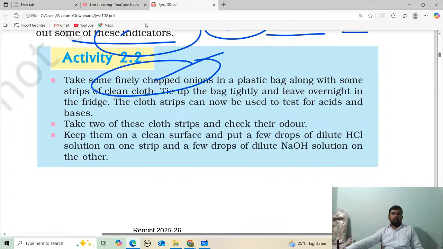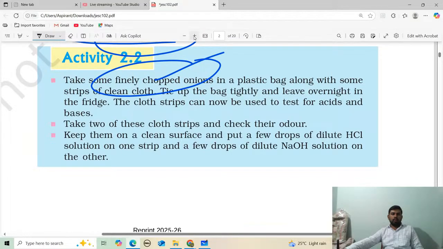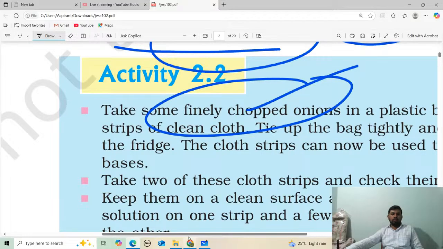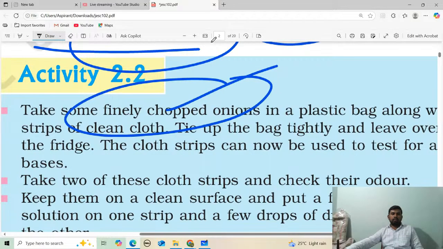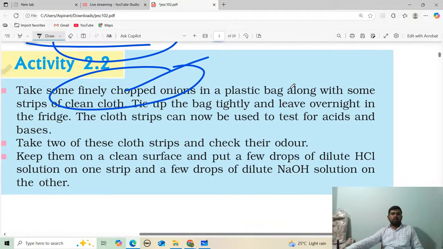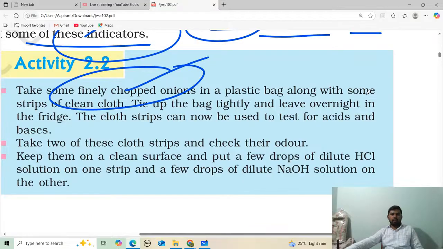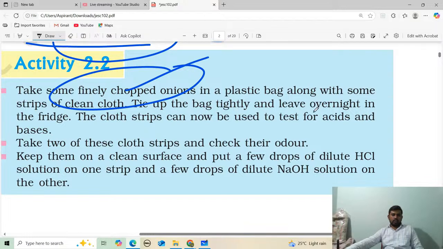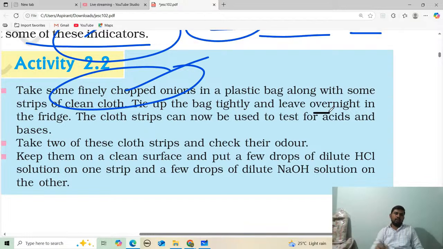Take some finely chopped onion in a plastic bag, along with some strips of clean cloth. Tie up the bag tightly and leave it overnight, in the fridge. The cloth strips can now be used to test acids and bases.